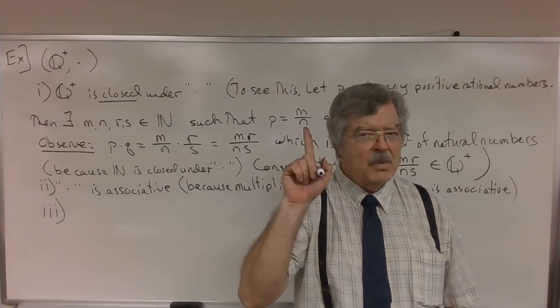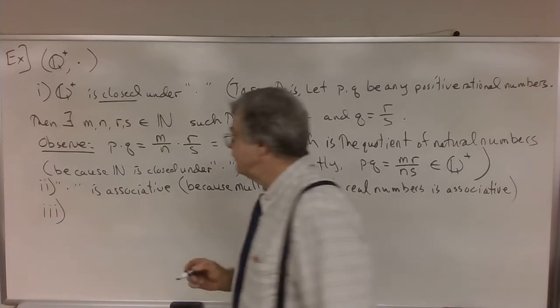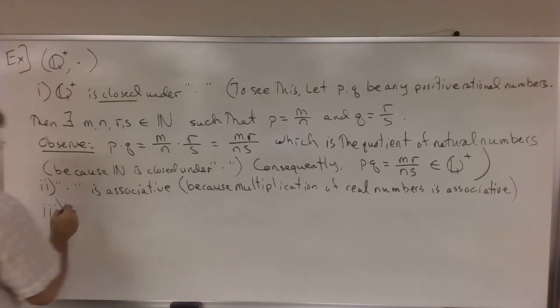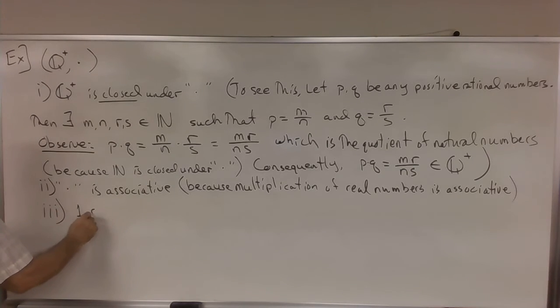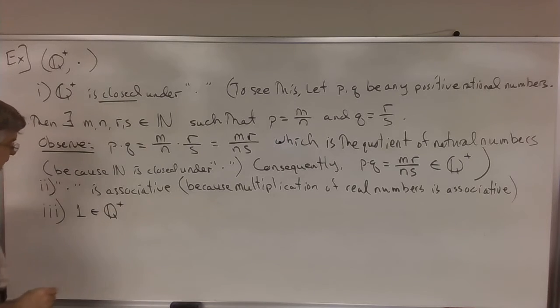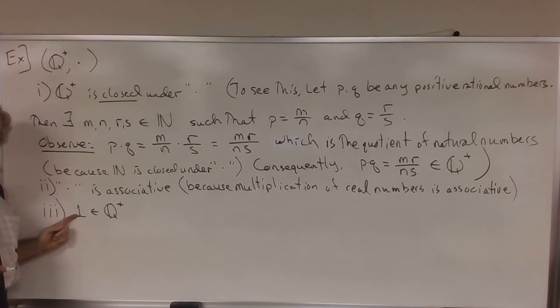If you're thinking 1, you're right. 1 is a positive rational number because we can write it as the quotient of two positive integers, 1 and 1.